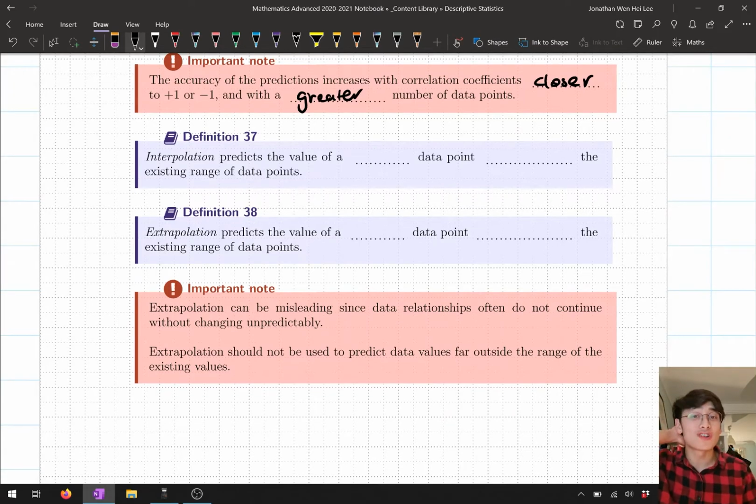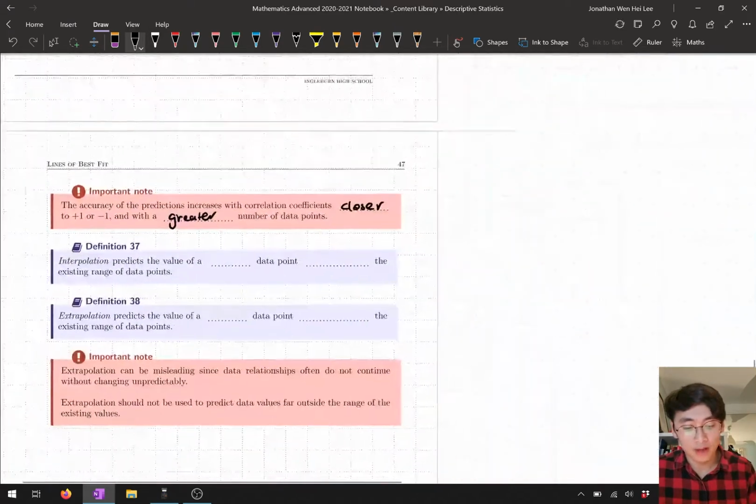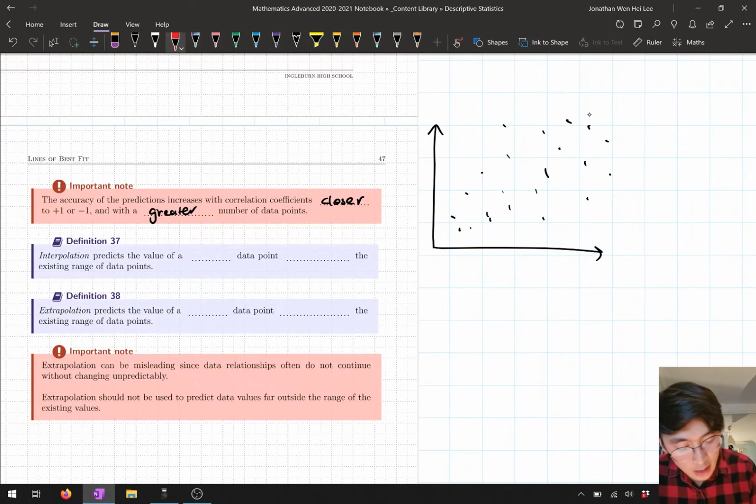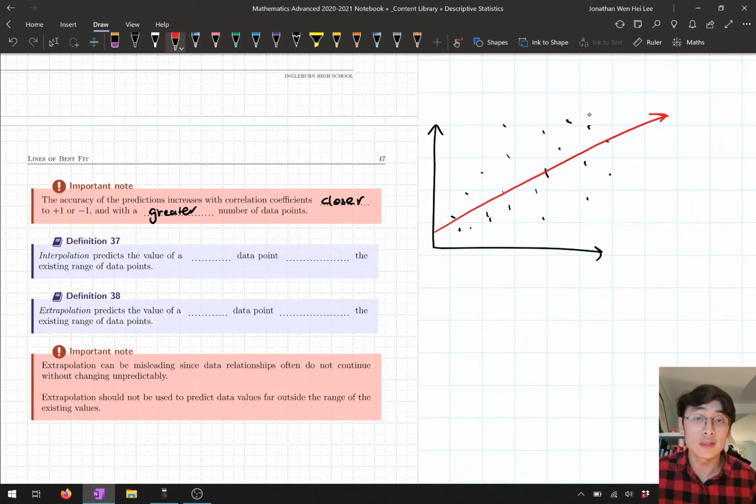So when we create this least squares regression line, what it can actually help us to do is observe trends. So if I have a data set, something like this, and I have my least squares regression line, I can make predictions based on this line.